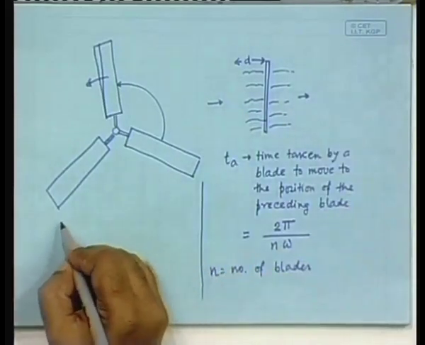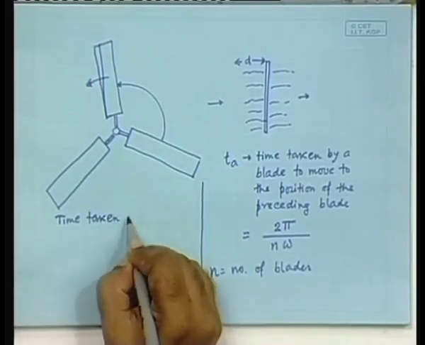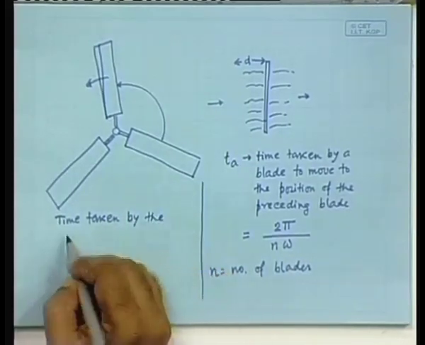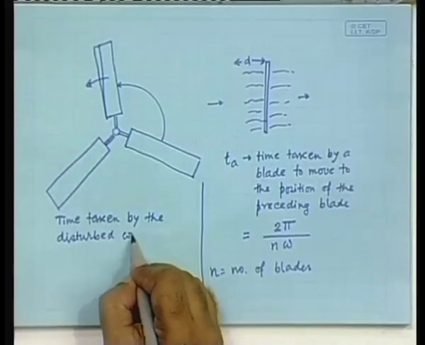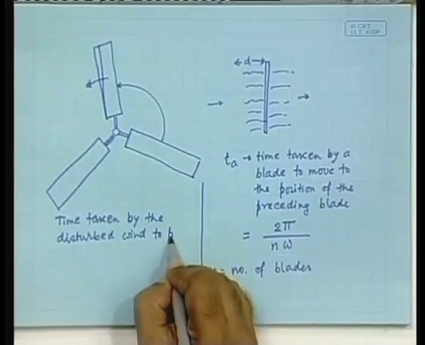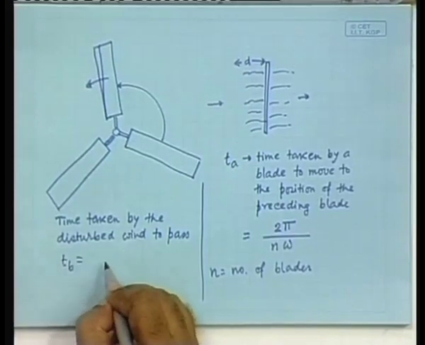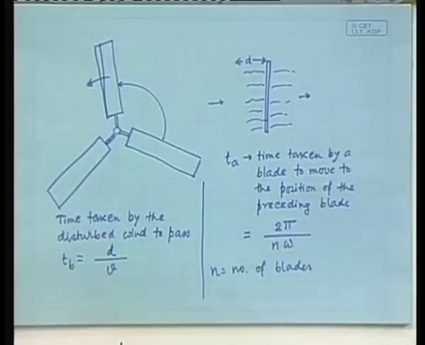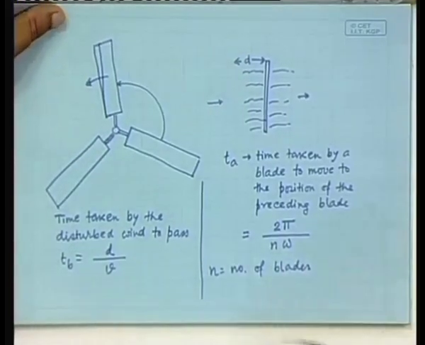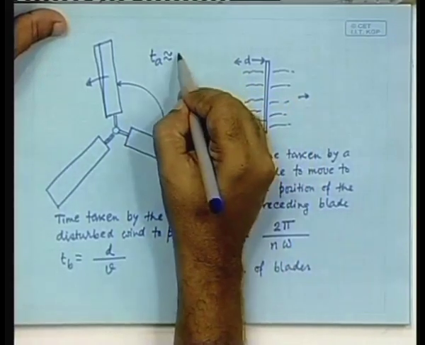The time taken we will call T B, that would be d by small v. And naturally, the consideration that we should have in mind is that T A should be approximately equal to T B.